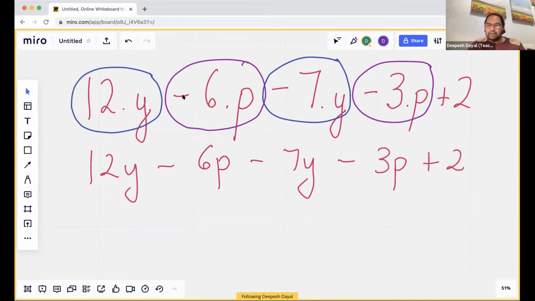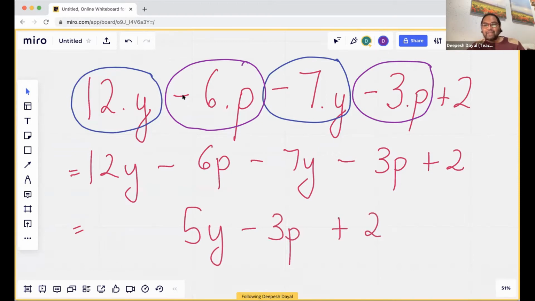Somebody said an answer: 5y minus 3p plus 2. This was the answer that somebody has given. We're not saying it's the right answer or the wrong answer. We're going to check it. Does anybody have a different answer? No, sir. Everybody's got the same answer.